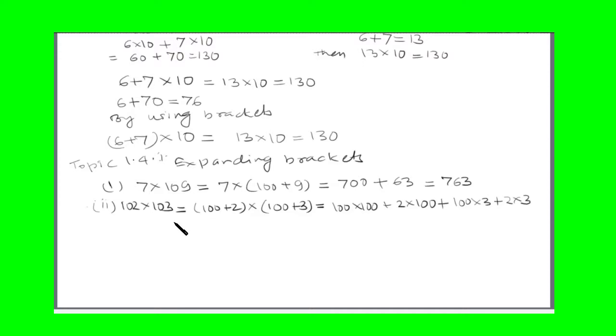Now 100 multiplied by 100 gives us 10,000, plus 2 multiplied by 100 gives us 200, plus 100 multiplied by 3 gives us 300, plus 2 multiplied by 3 gives us 6.